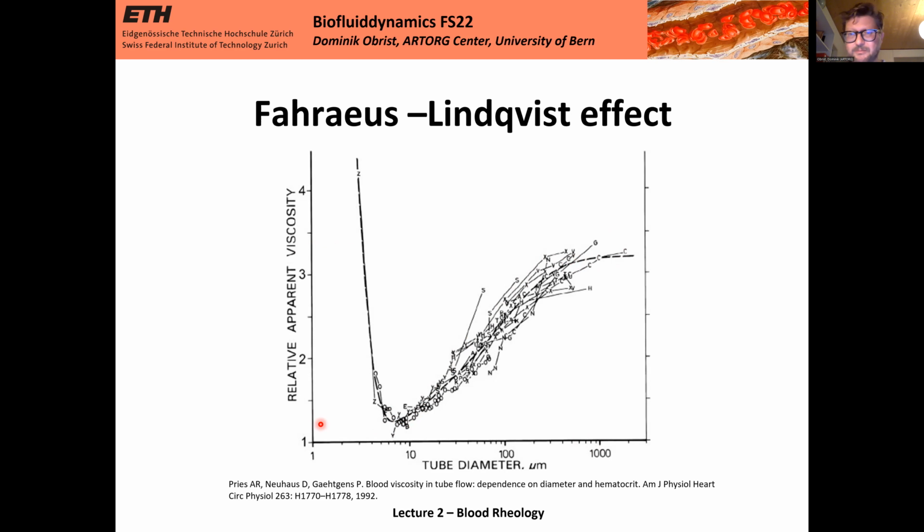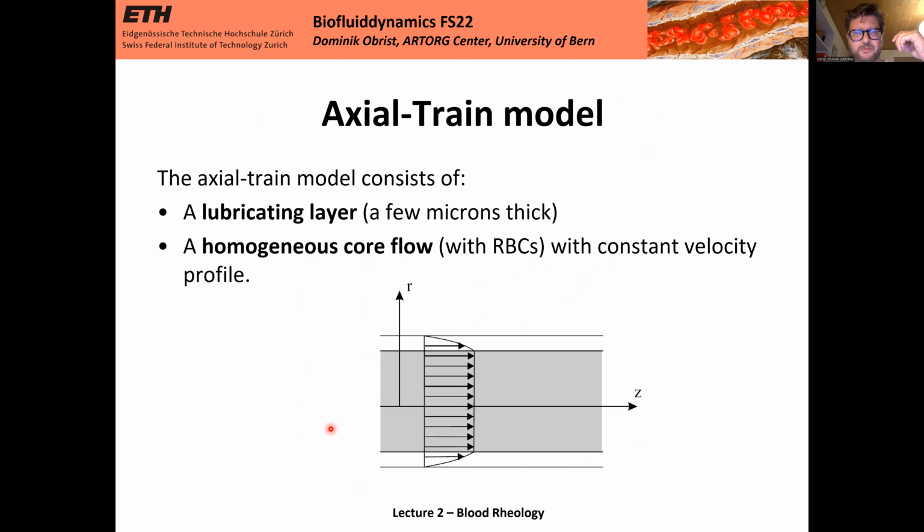And with the axial train model, it's now relatively easy to understand this phenomenon. Let me go back to this picture here. So most red blood cells are concentrated in the core, and we have a layer between the core flow and the wall where there's only plasma. What do we know about the viscosity of plasma?